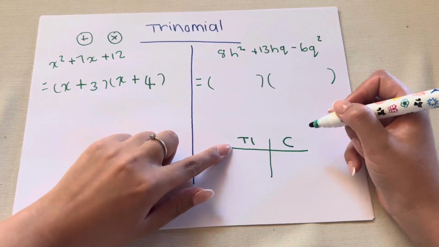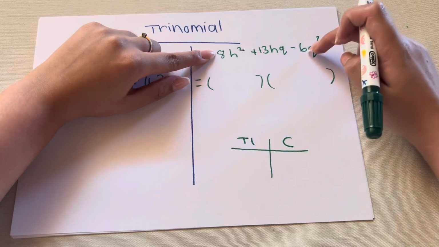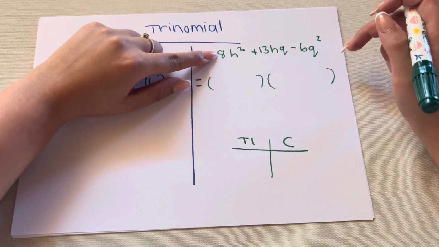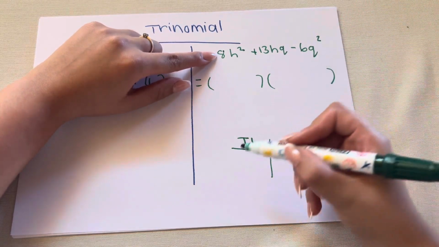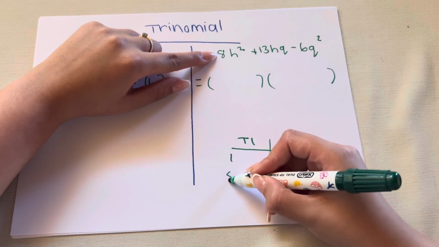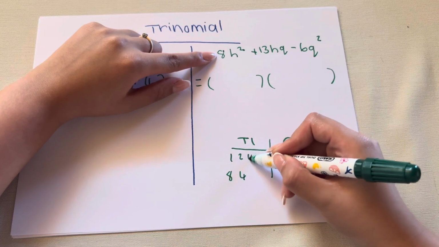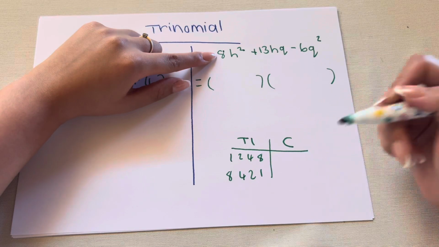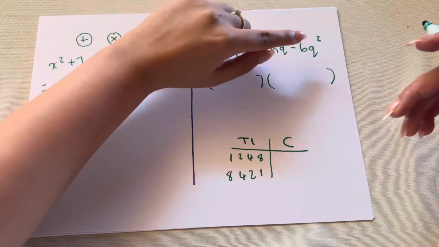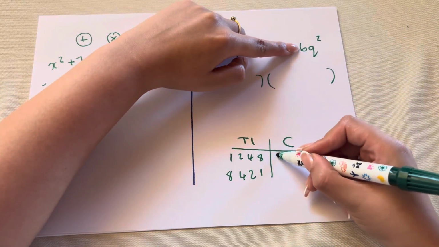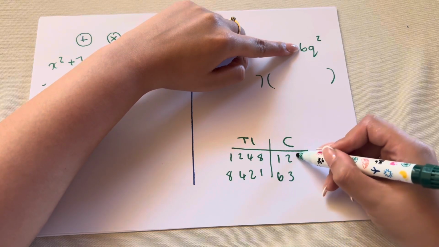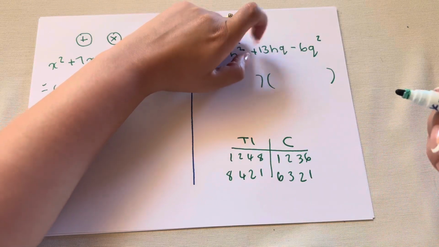T1C. Term 1, constant. So our term 1 is 8. What pairs make 8? So we've got 1 and 8, 2 and 4, 4 and 2, and 8 and 1. So listing all of the factor pairs. And then the same thing for our constant. 1 and 6, 2 and 3, 3 and 2, 6 and 1.